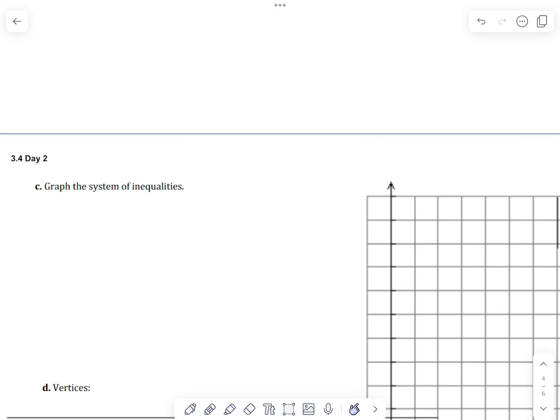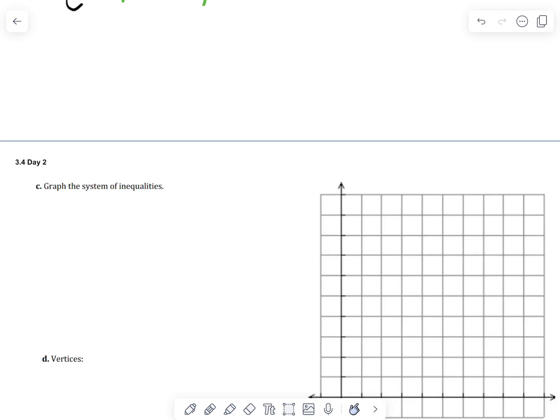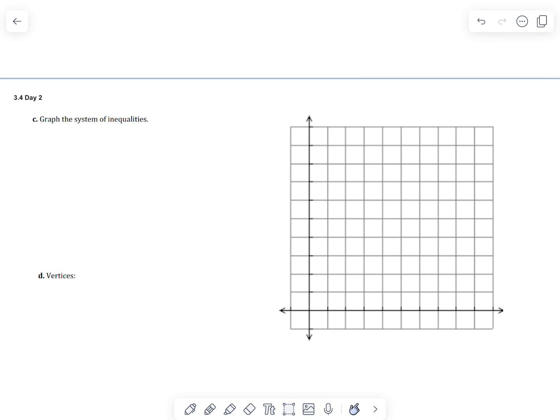Then we're going to go ahead and graph our inequalities. So notice that the graph has already been set up for the first quadrant.